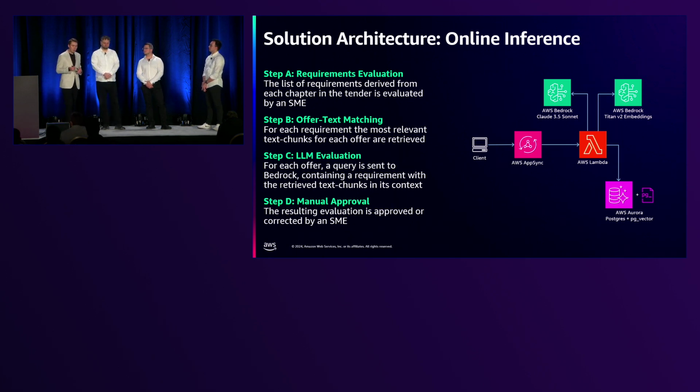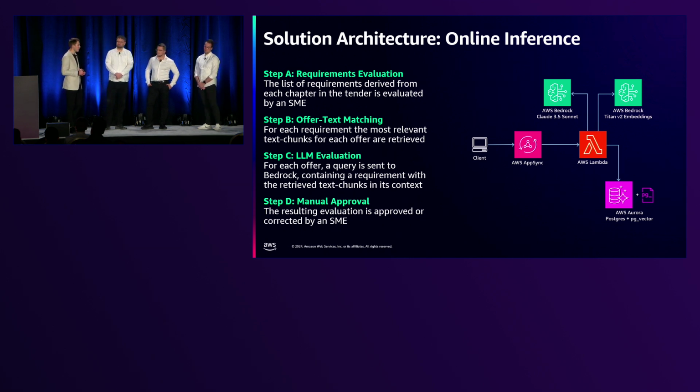This is pretty important since it helps the SME later on to quickly check if he follows the reasoning or not. So that's exactly what the last step is about. It's again about involving the SME and letting him check the results of the LLM and maybe adapt them if necessary.